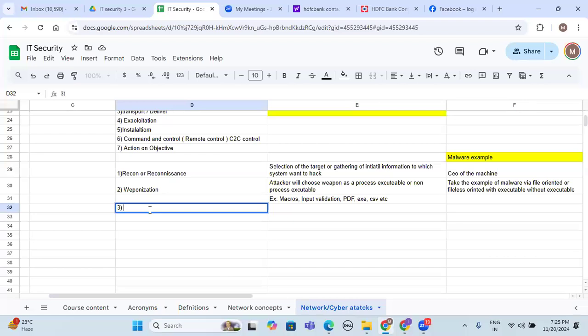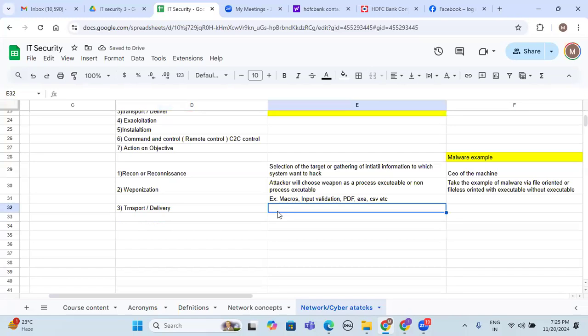So the third one, transport or delivery. After choosing the respective payload or weapon, how can we send it to the target machine, through an email attachment.